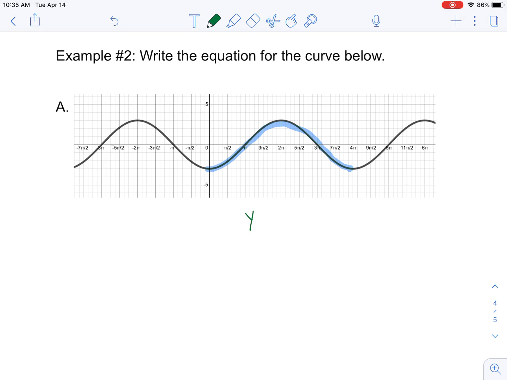So I'm going to be using y equals a cosine b of x to write my equation. So I need to find a and b. Another thing I want to notice here is that I don't start up high, I start down low. That tells me I have a flip over the x-axis, so I'm going to have a negative a value.